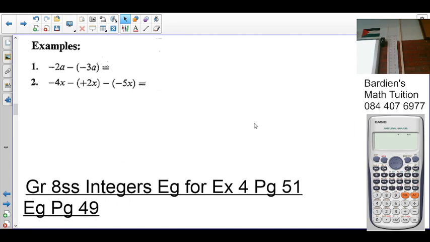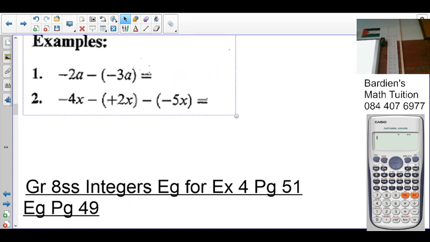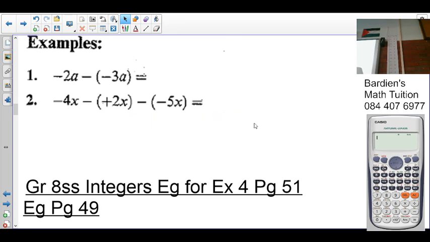So you've got negative 2a minus negative 3a. So what do we have to do first? The brackets, not so? So it's negative 2a. What's negative times negative? Positive 3a. Okay, you know that quickly.